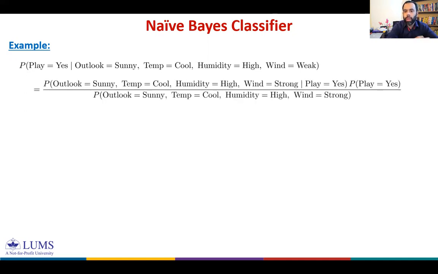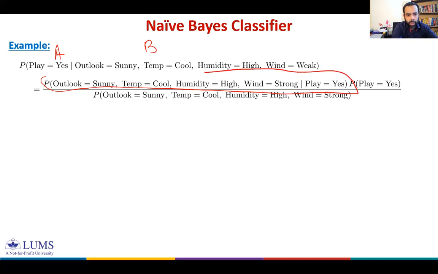So we want to compute the probability that play is equal to yes given the values of the features. In order to compute this probability, we use Bayes' theorem. Using Bayes' theorem, we know that the probability of A given B is the probability of B given A times the probability of A divided by the probability of B. In order to compute this, note that this term is a joint probability, right?